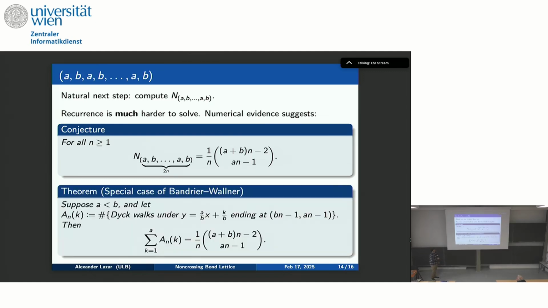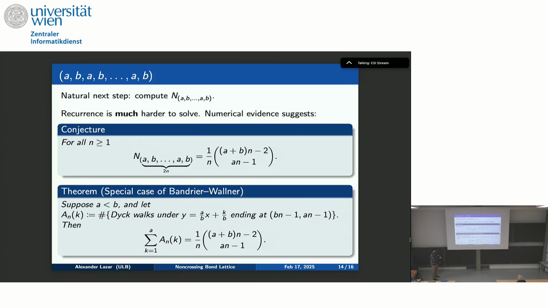So this is a special case of some work of Bandrier and Wallner. This is just the A strictly less than B case, but I bet there's some kind of density argument you can do. We'll let capital A_n(k) be the number of Dyck walks, so that's just using east and north, starting at the origin under y equals a over b x plus k over b, and we end at (bn minus 1, an minus 1).